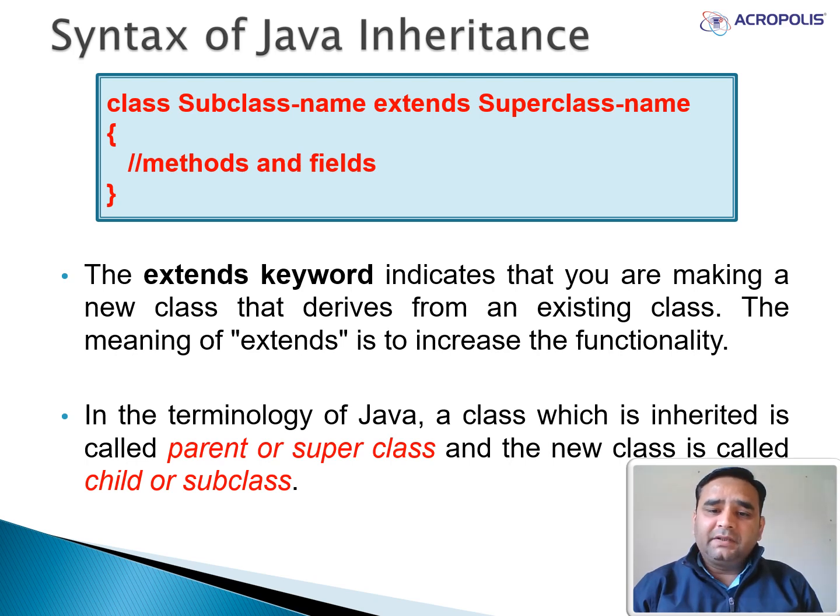The extends keyword indicates that you are making a new class that derives from the existing class. The meaning of extend is to increase functionality, meaning that we are increasing the functionalities of the existing classes. In Java terminology, the class which is inherited is called the parent class or superclass, and the new class is called a subclass or a child class.